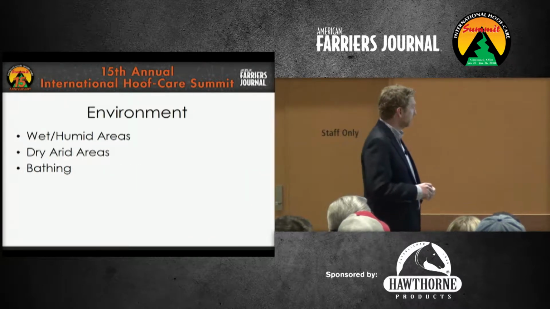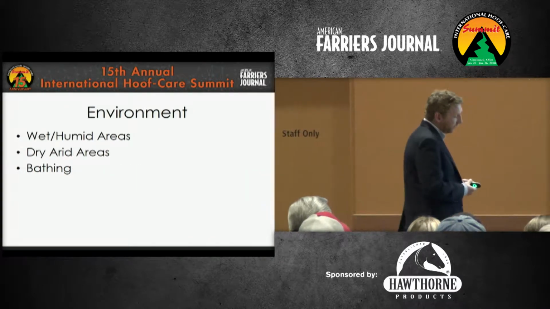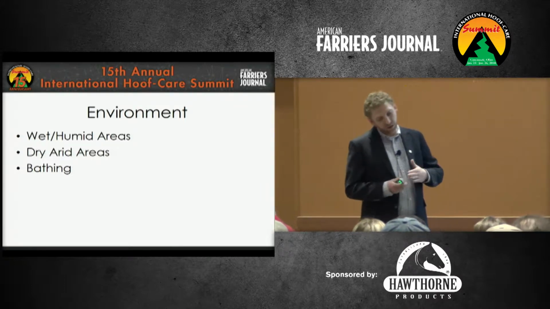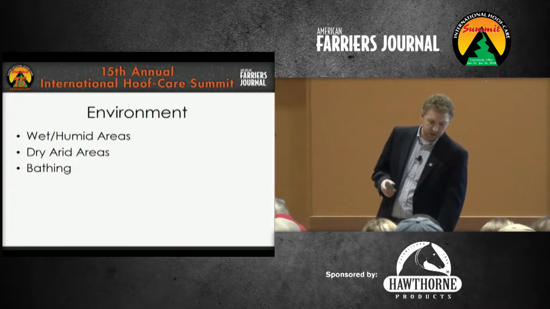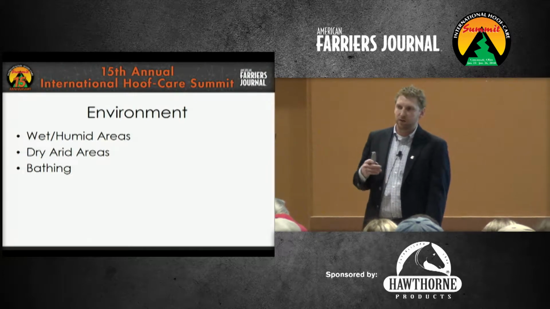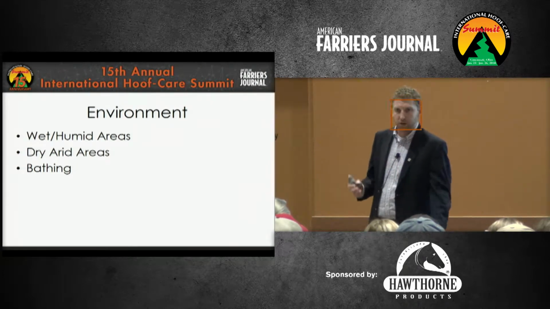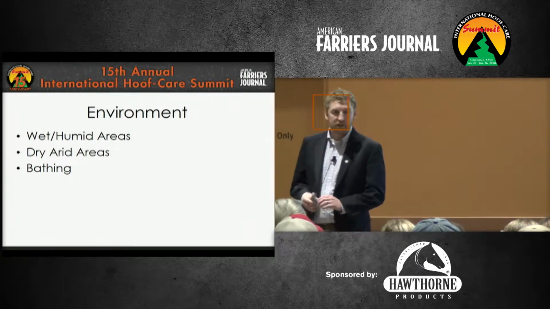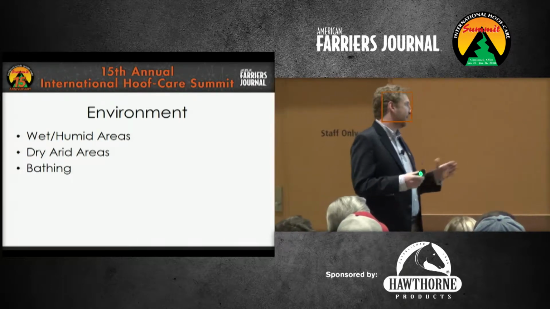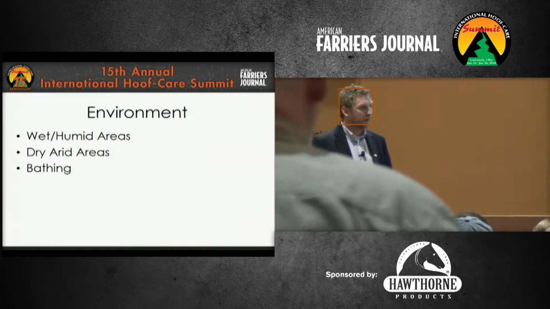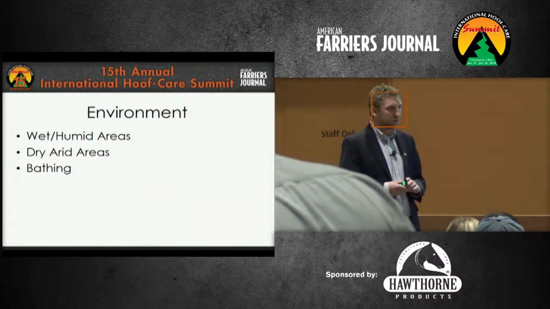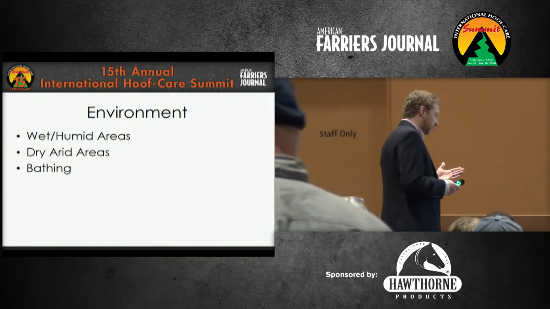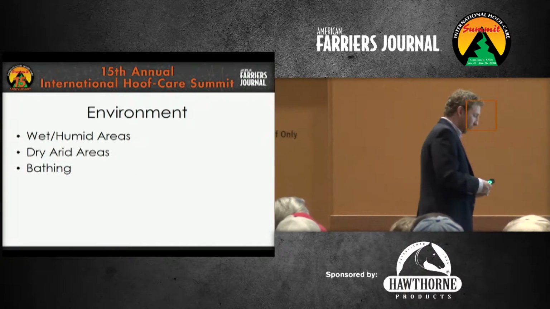Okay? So if we go through them individually, when we talk about the environment, white line disease is seen all over the country and ultimately probably worldwide in certain areas. I'm not saying you have to live in a wet, humid area to predispose a horse to white line disease, but it is thought to be more prevalent in wet or humid areas.